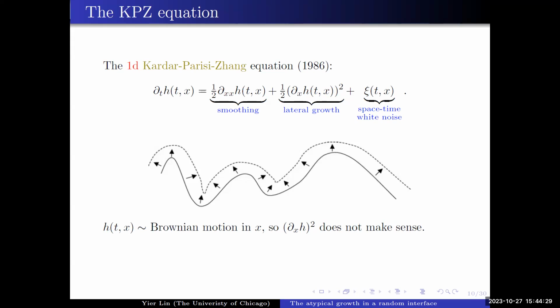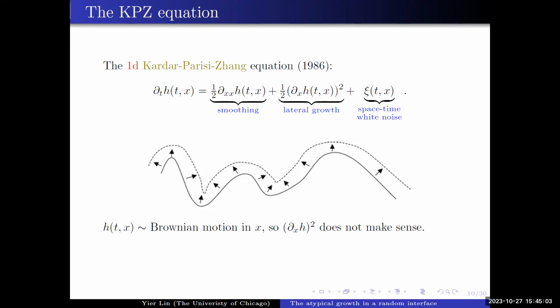It tells you that this interface grows in the normal direction. That's what we call the lateral growth. So it will not just be something like going up, it will do something like spreading out. So this is what I mean by growing in the normal direction. When you look at some interface and things grow in the normal direction, here I have the slope, which is the partial derivative of h.